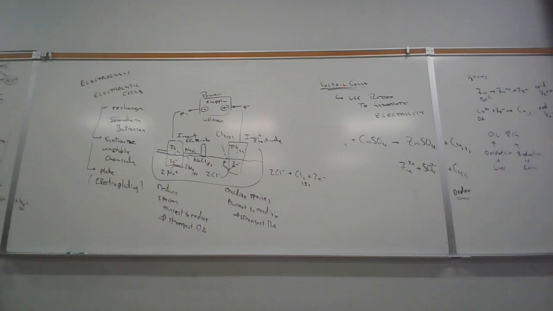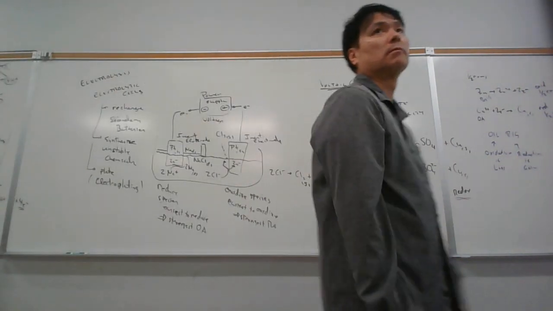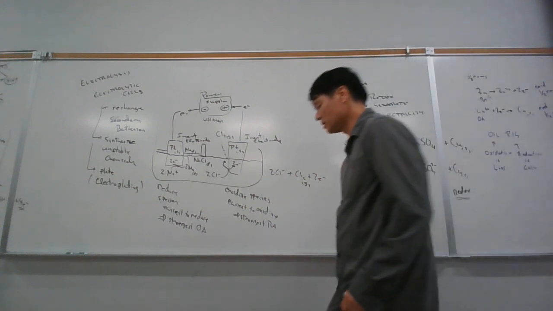Right now, it's too expensive to use. And so people are talking about it, right now, most electricity is made by burning coal in the US. And it's cheap. And so that's preferred.